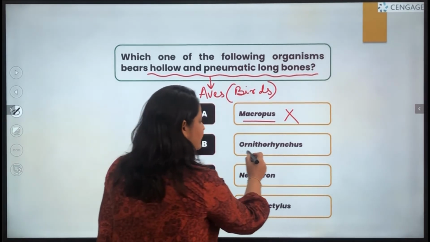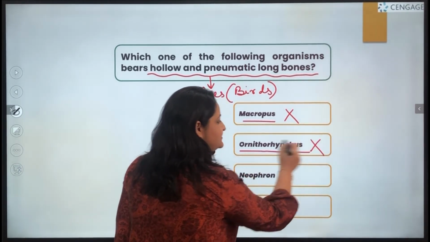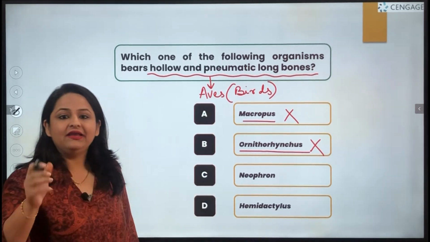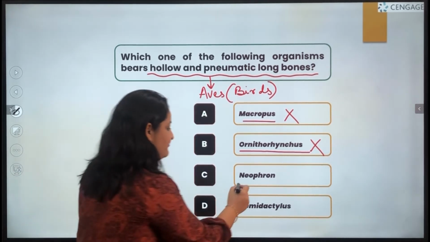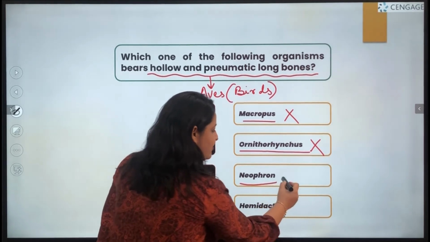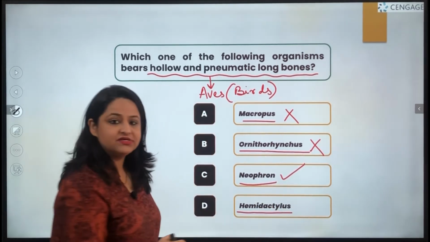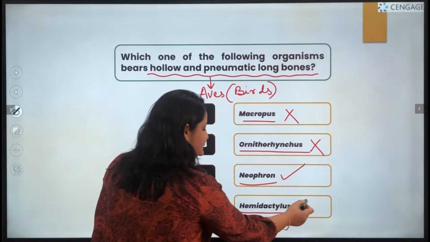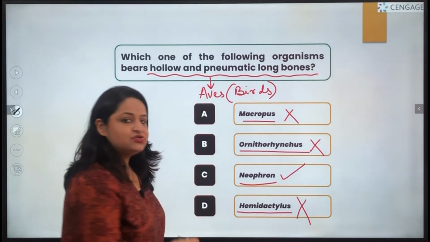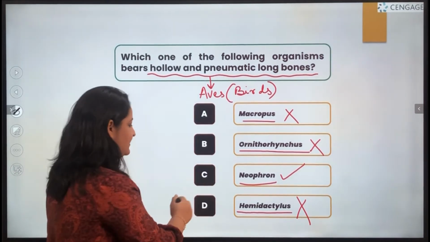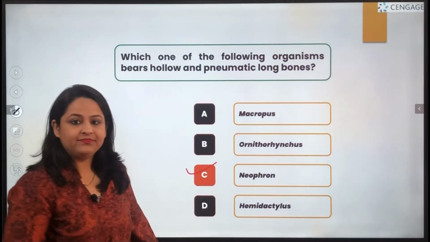Then Ornithorhynchus is known as duck-billed platypus, which is again an egg-laying mammal. Then Neophron is a vulture, so obviously it is coming under bird. And Hemidactylus is wall lizard, which is coming under reptiles. This is again not the option. So the answer very clearly for this particular question is Neophron.